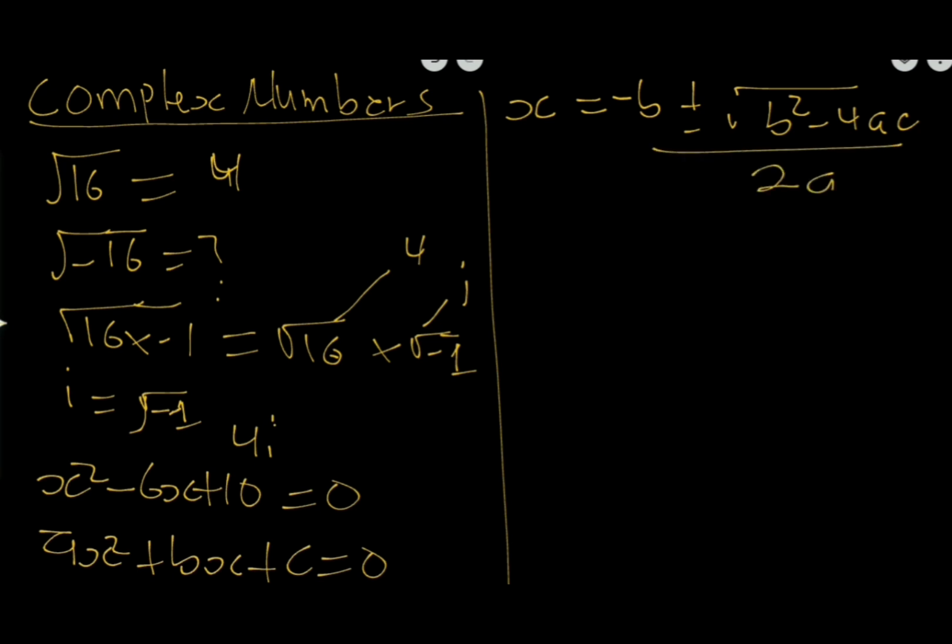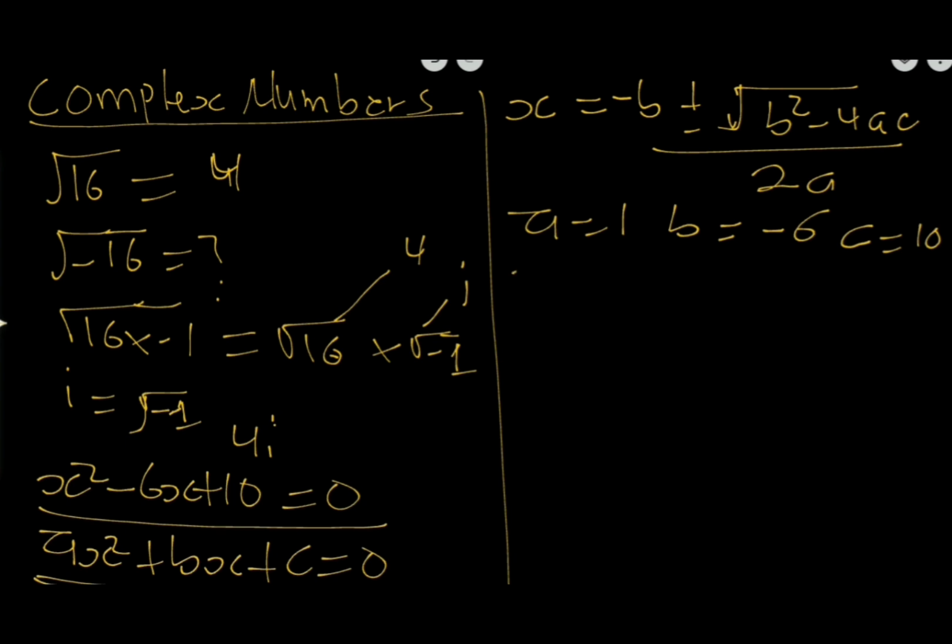When we compare our given question to the general form of a quadratic function, we can see that the value of a equals 1, the value of b equals negative 6, and the value of c equals 10. We can substitute this into our quadratic formula.